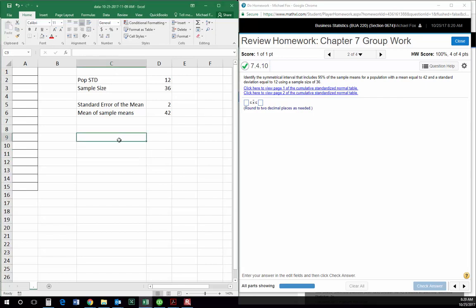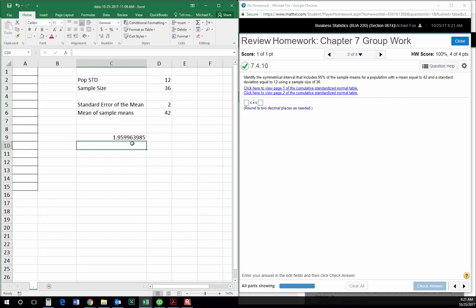So the function we're going to use in Excel is norm.s.inv. So this gives us a standardized normal distribution, but it's giving us the inverse, meaning if we put in the probability, like I said, 97.5% or 0.975, it will return a z-score that will cover that.